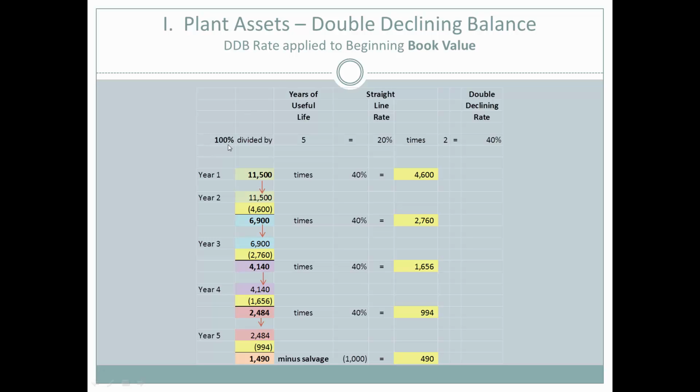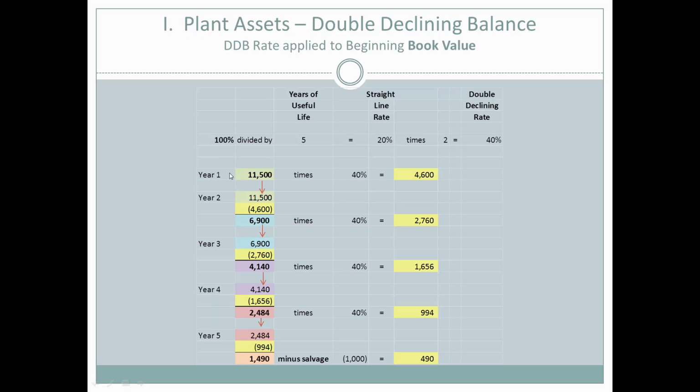The calculation is to take 100% and divide it by the number of years in the useful life. So 100% divided by 5 useful years means our straight line rate is 20%. Then we're going to multiply our straight line rate times 2, and that will yield our double declining rate.